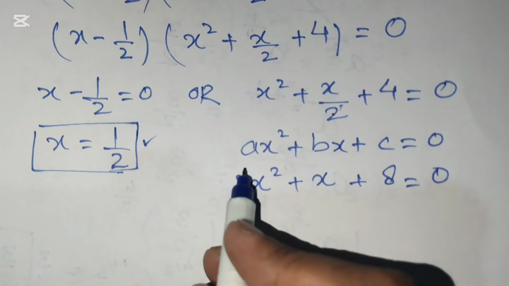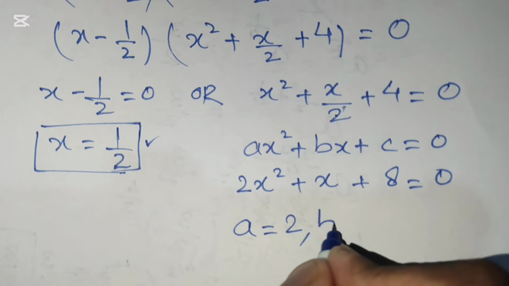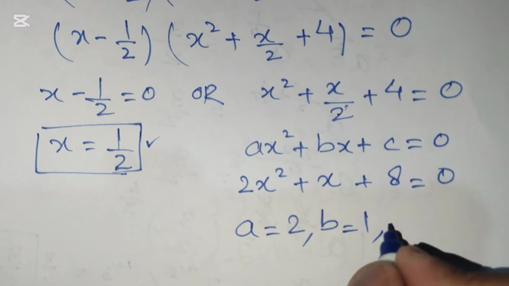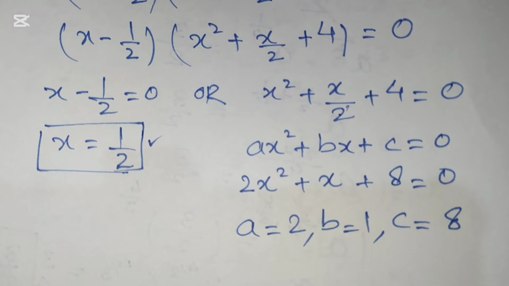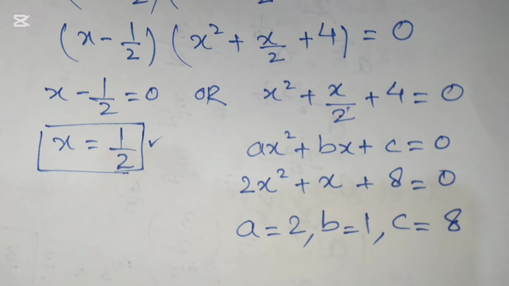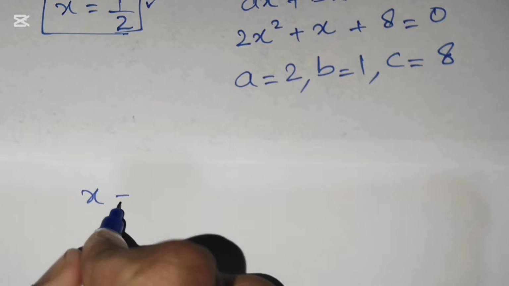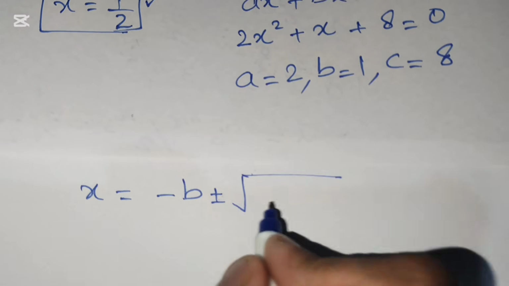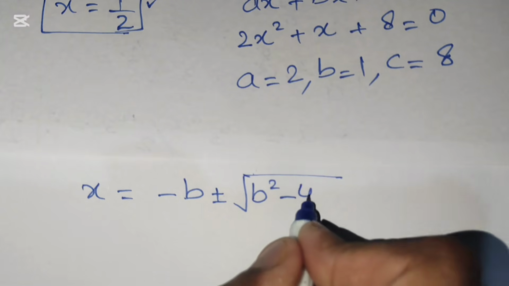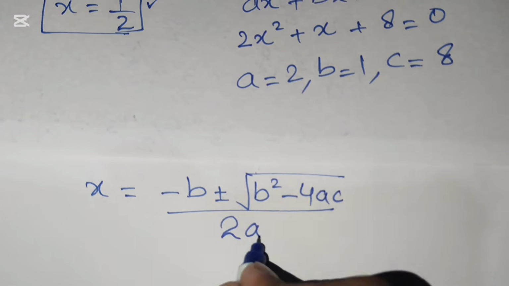So by comparing we get a equals 2, b equals 1 and c equals 8. We will use the quadratic formula to find the value of x. We know that x equals minus b plus minus square root of b square minus 4 into a into c, all over 2 into a.